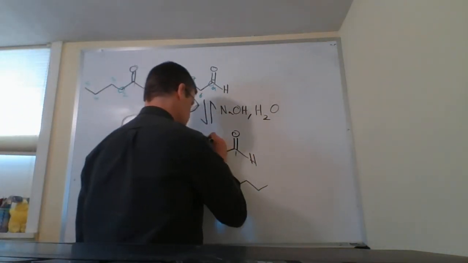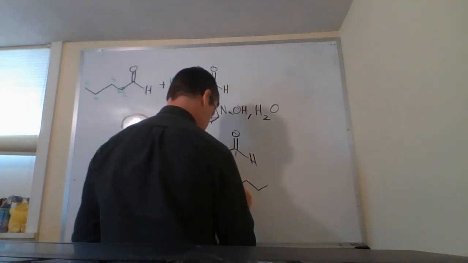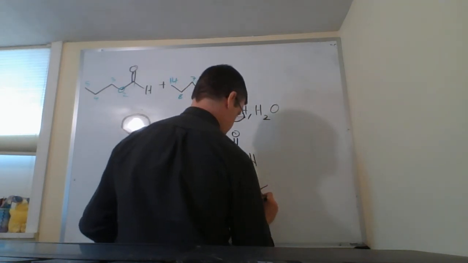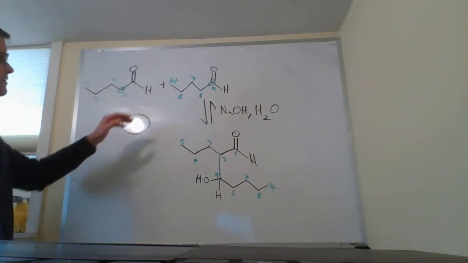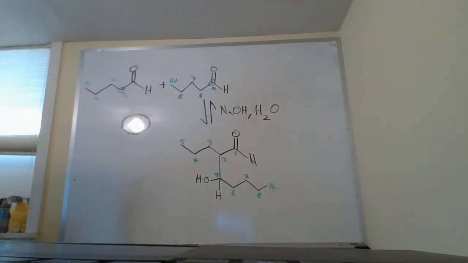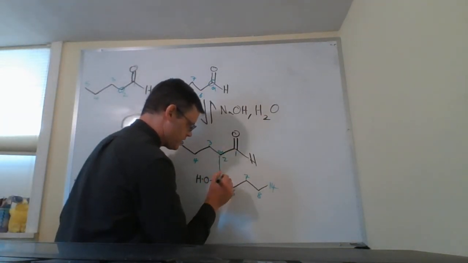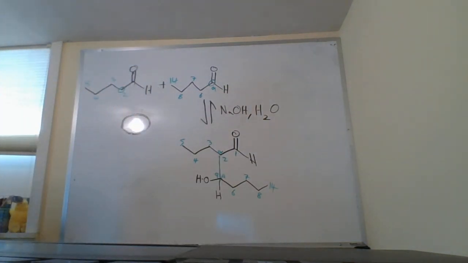It doesn't matter what these numbers are, you just need to recognize that we're making a bond between the correct numbers. And you can also see here's the alpha carbon, this would be a beta carbon, so we have a beta hydroxy aldehyde that we're making.